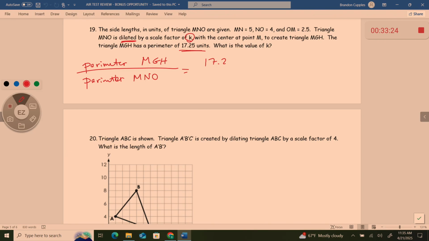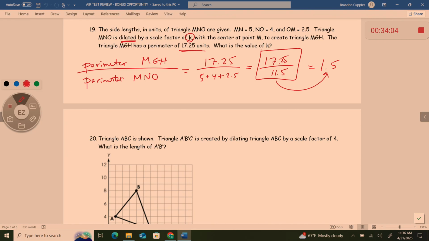If I add up 5, 4, and 2.5, I get 11.5, so this tells me that the figure got bigger through the dilation. If you want to leave it like this, I'm pretty sure the AIR test will accept that. You don't have to finish it off. I like to simplify it and say it's about 50% bigger than the original triangle, or 150% of the size. I would just put down 1.5. Either this fraction or this one will give you that scale factor.